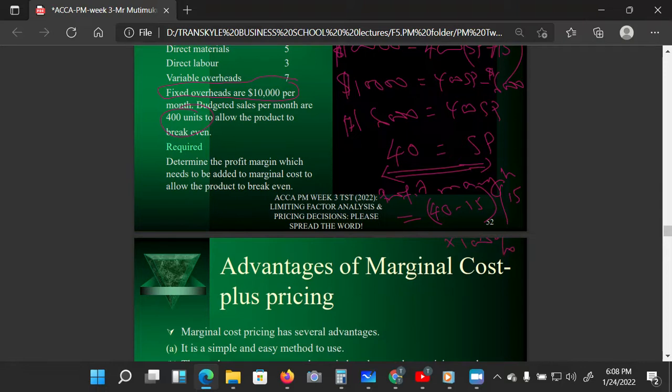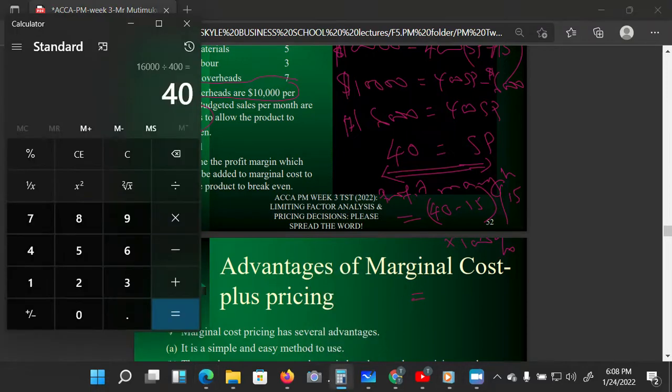Because we need the profit margin that will lead us to a break-even point, and by saying profit margin, we are referring to a percentage. This should be a percentage, so that is why we are multiplying it by 100.